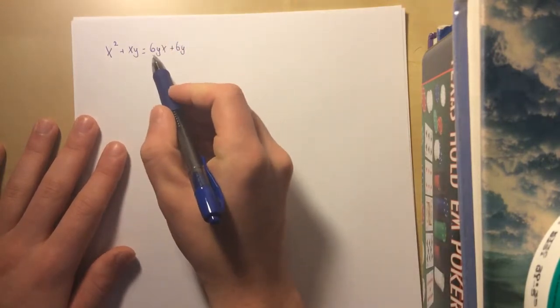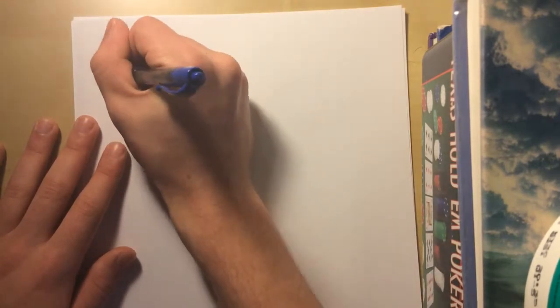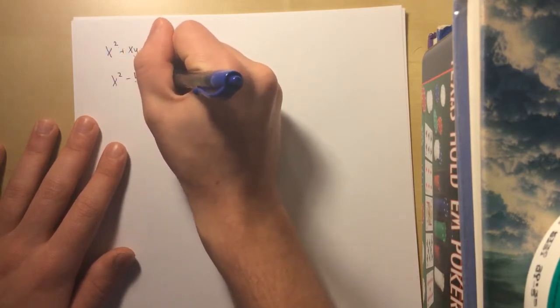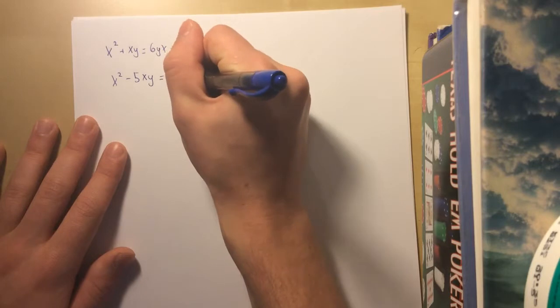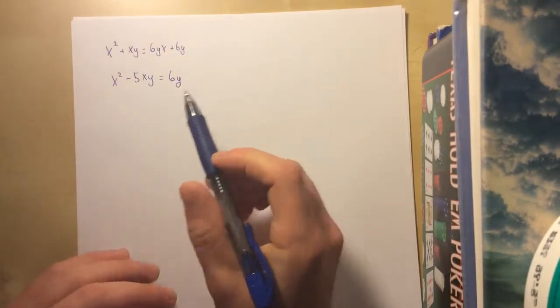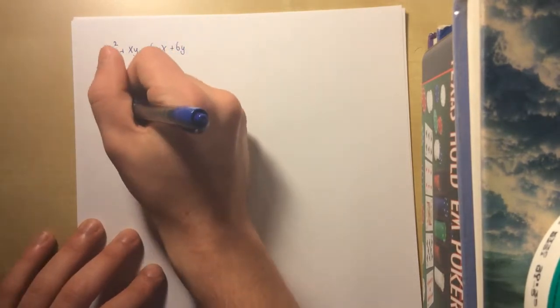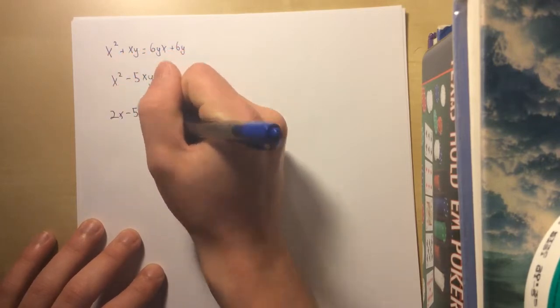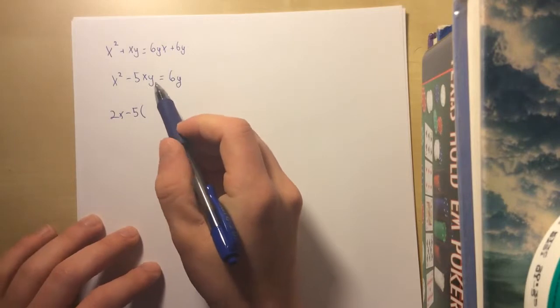First things first, I'm going to move this 6y over. So we get an x squared minus 5xy equals 6y. Now I'm going to take the derivative of both sides. Derivative of x squared is 2x, and then minus 5 times. Now we do the product rule again.